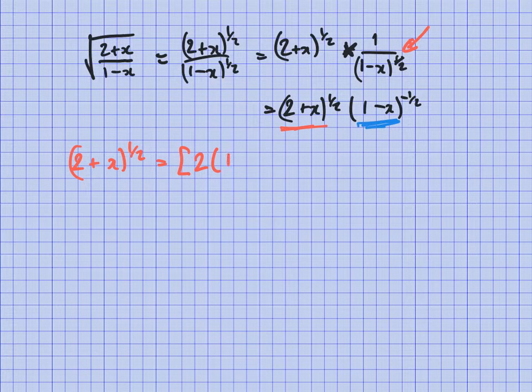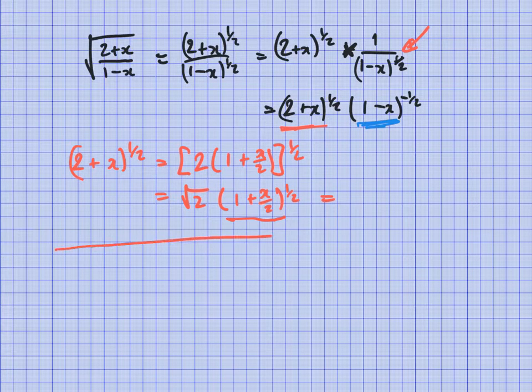So we'll take out a power of 2 and all of that to the power of a half. So that is the square root of 2 times (1 plus x over 2) all to the power of a half, which I can work out as follows. So I'm going to only consider that part, and I'll times by root 2 later.